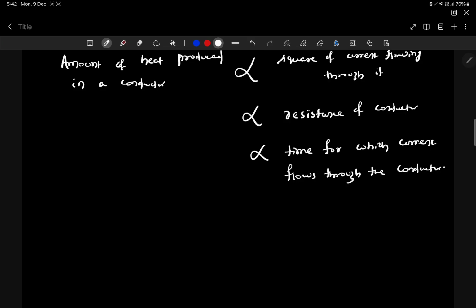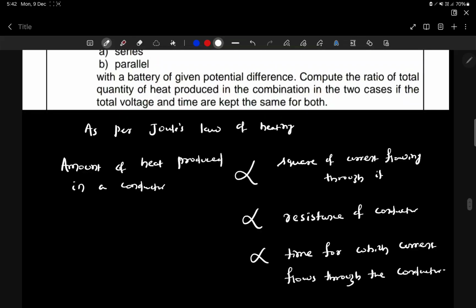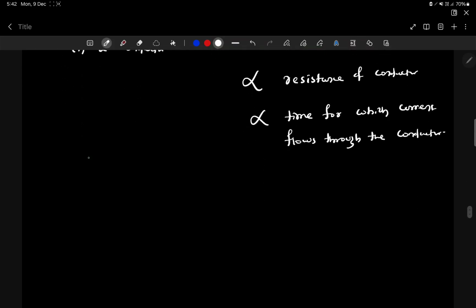So this is the statement of Joule's law of heating, and its expression is H equals I square RT.